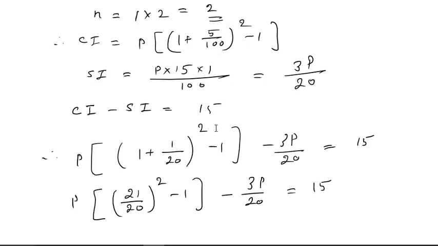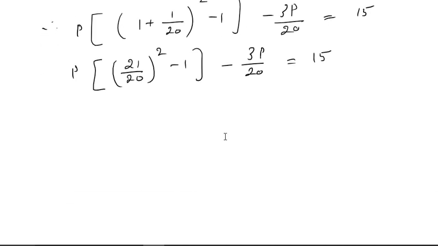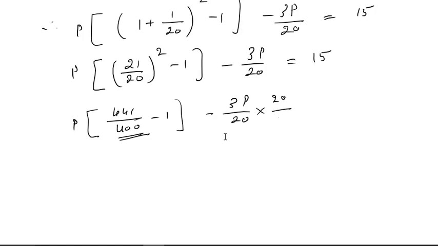Now I calculate. This is P. Inside the bracket I have 441 upon 400 minus 1, minus 3P divided by 20. As here we have 400, I multiply and divide by 20, so that here also the denominator will become 400. So this is P into 441 minus 400.